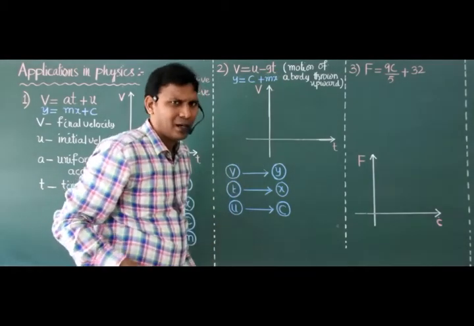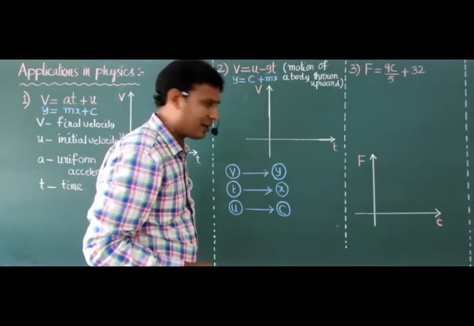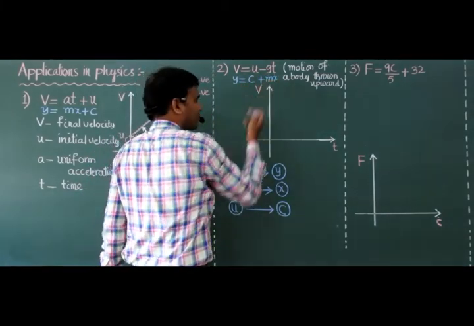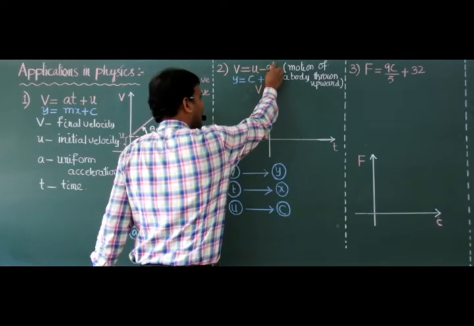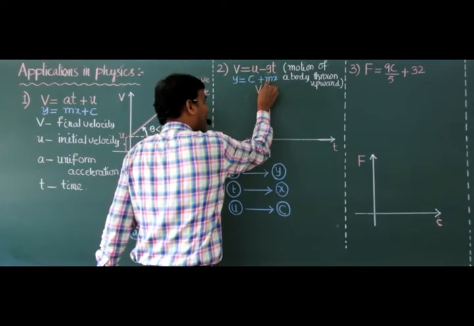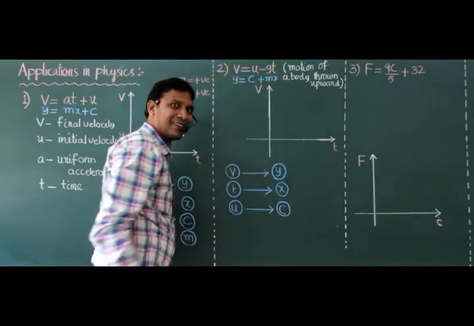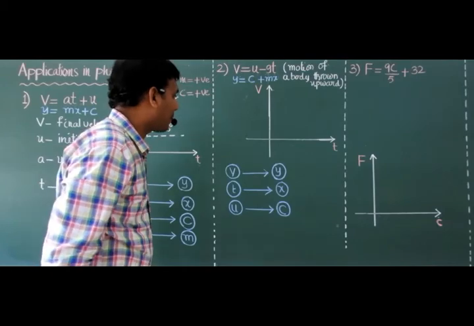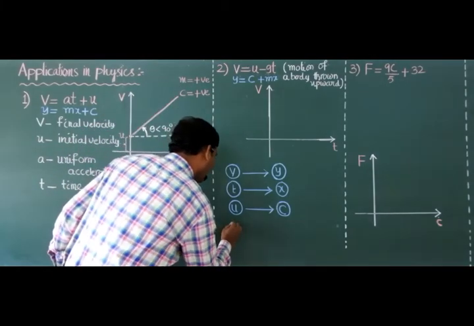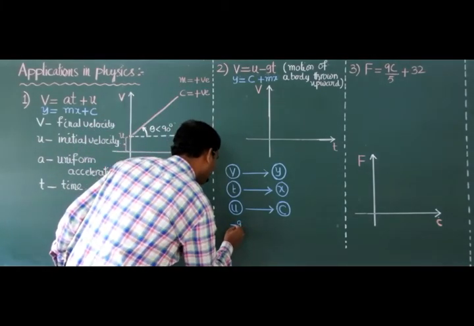Just as a plus b is also written as b plus a, mx plus c is also written as c plus mx. Here c, the intercept, is nothing but minus g. Correct? Minus g.